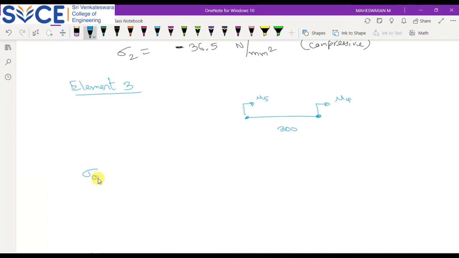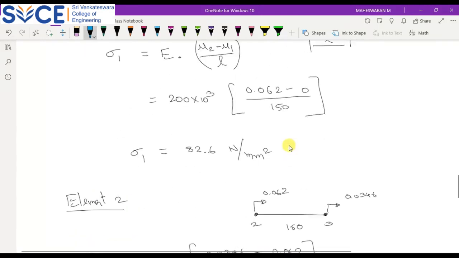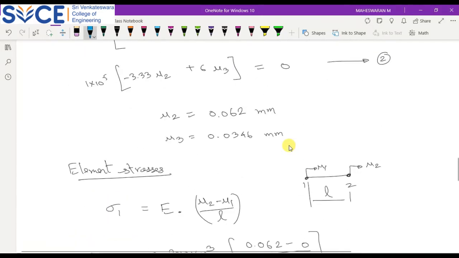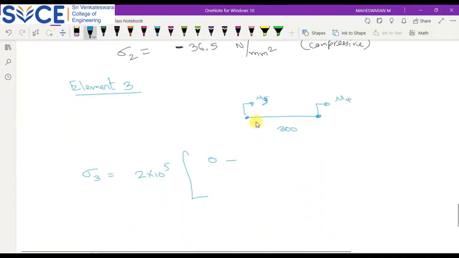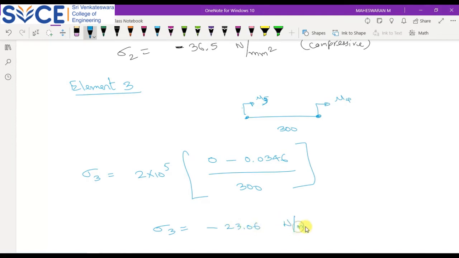In that case sigma 3 will be equal to 2 into 10 power 5, U4 is fixed at 0, minus U3. So U3 is around 0.0342 divided by your length 300. Let me substitute accordingly. So minus 23.06 Newton per mm square. So this is also compressive.